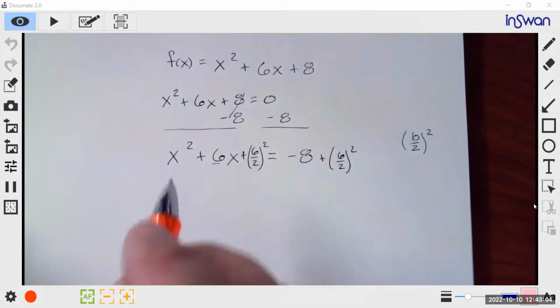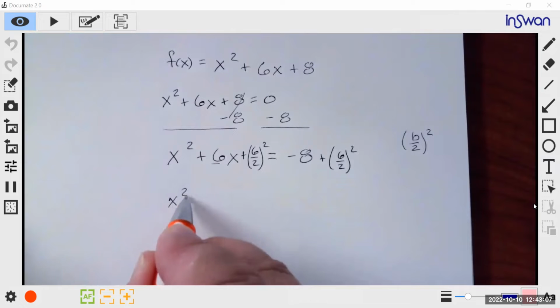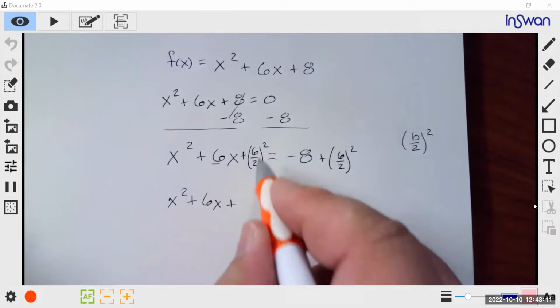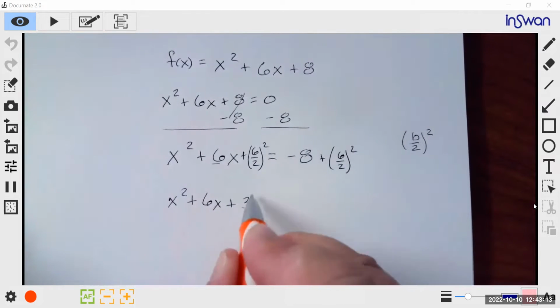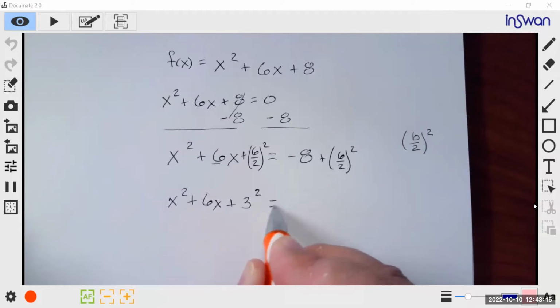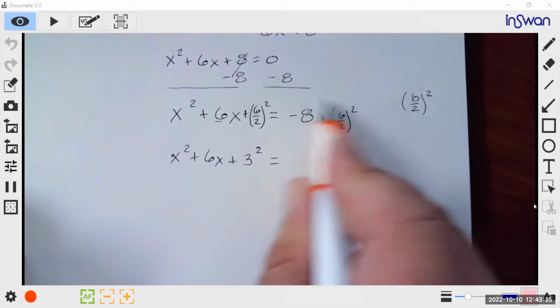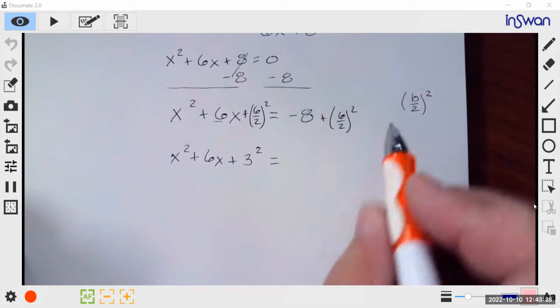On the left-hand side, only do what's inside the parentheses. Don't square it. So 6 divided by 2 is 3. On the right-hand side, work it all the way out.